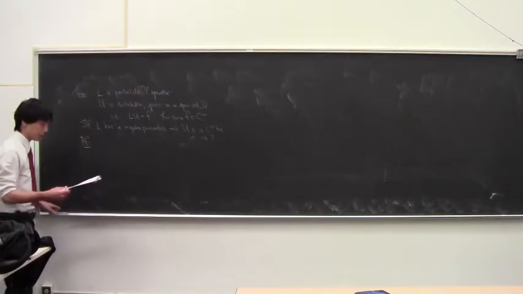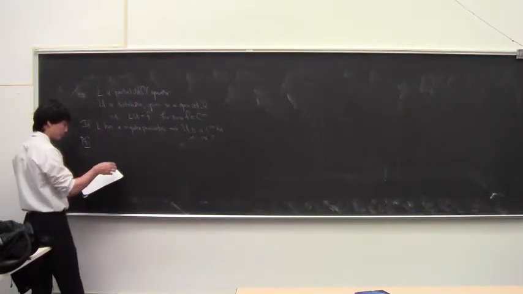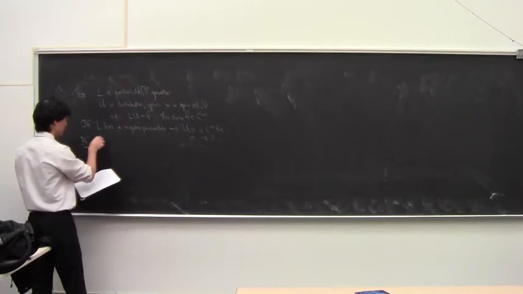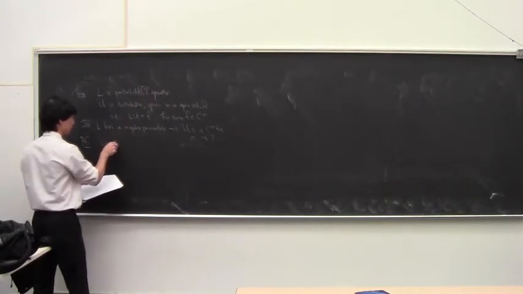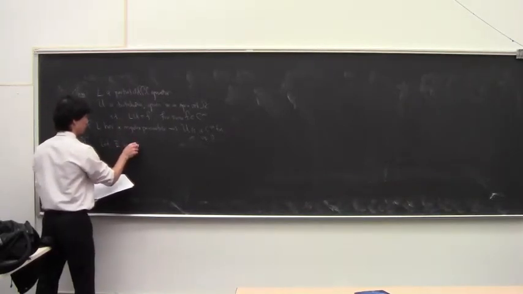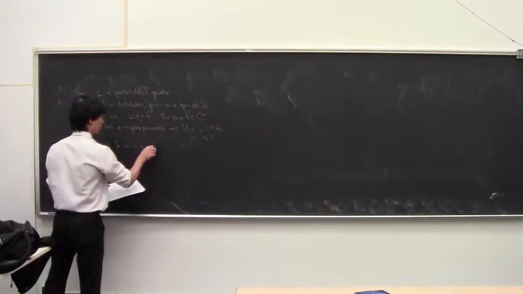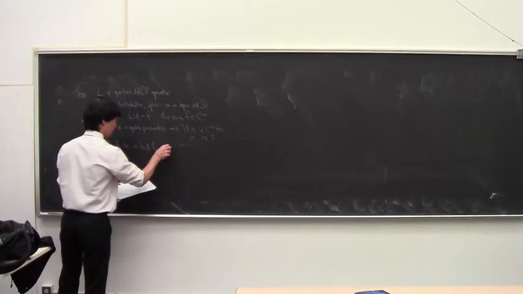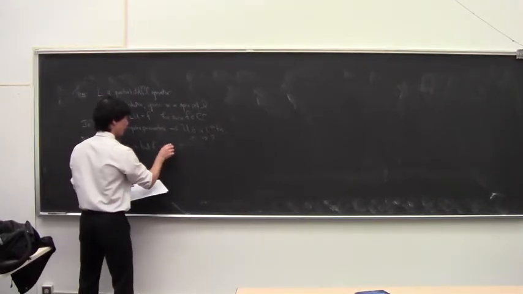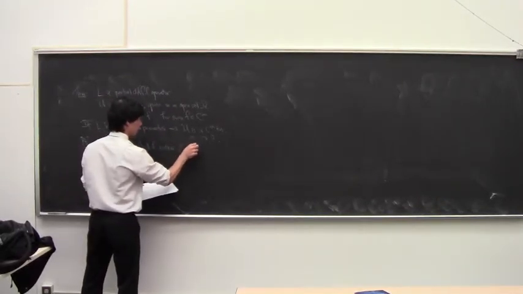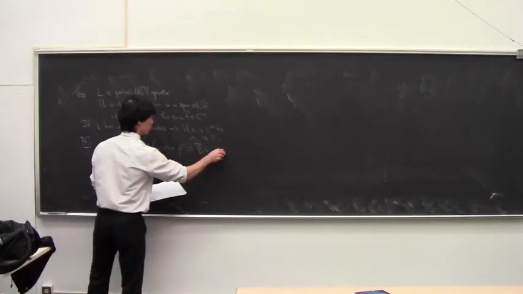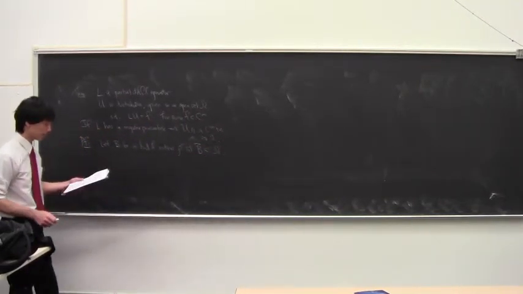Okay, right. So let B be an arbitrary ball of radius rho, such that its closure lies in omega.